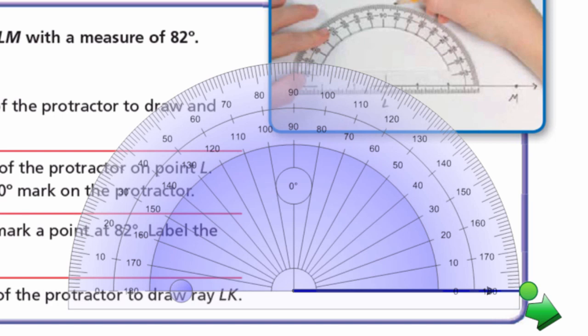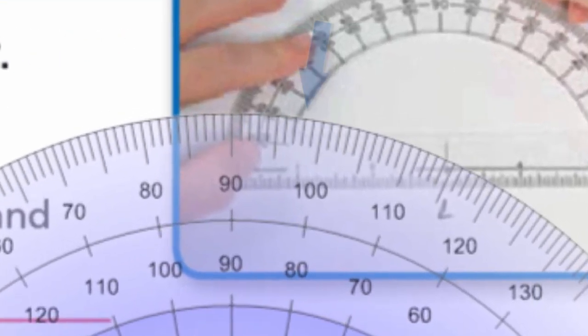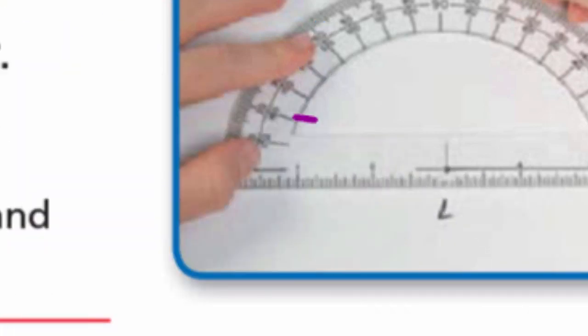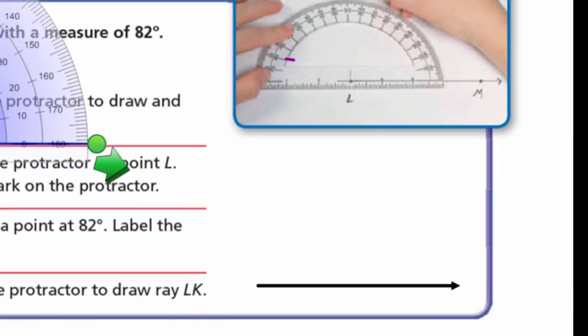So 0, 10, 20, 30, 40, 50, 60, 70, 80. So this is 80. The small mark after it is 81. The next one is 82. So we make a point. And after that, we connect this point with the vertex, like this.